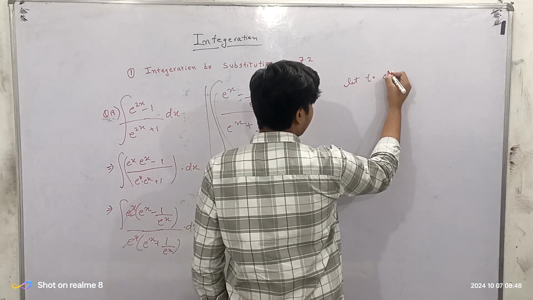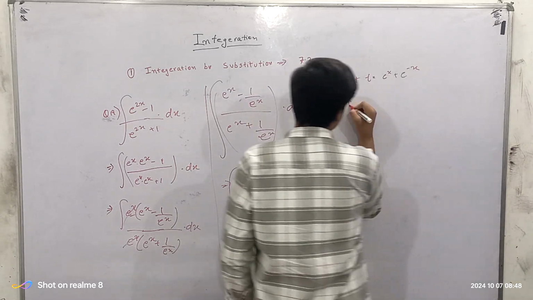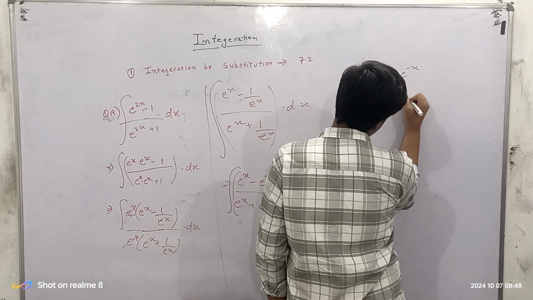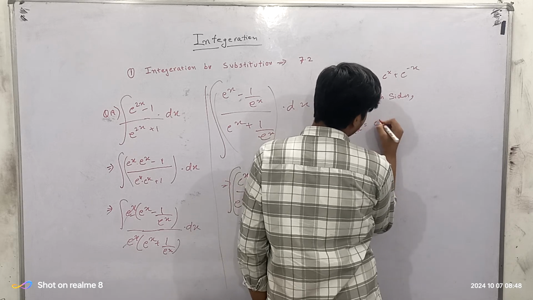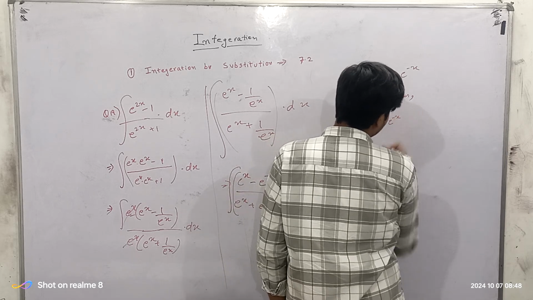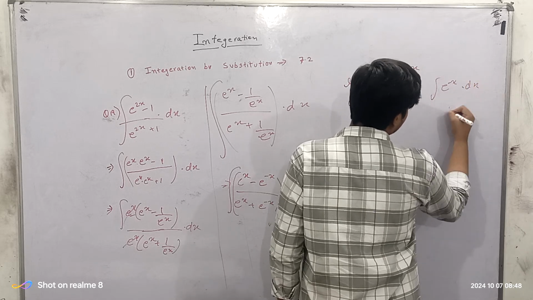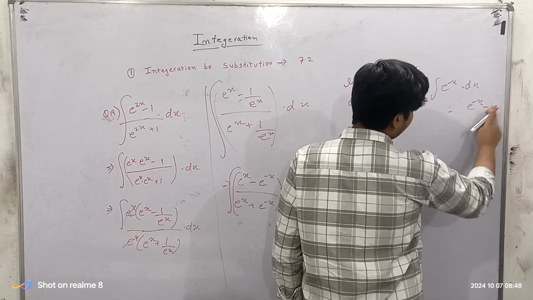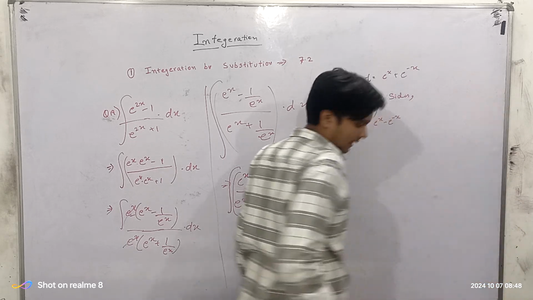So t equals e to the power x plus e to the power minus x. Differentiating both sides, dt by dx equals e to the power x minus e to the power minus x. The minus sign will come automatically from the derivative of e to the power minus x, which is minus x.